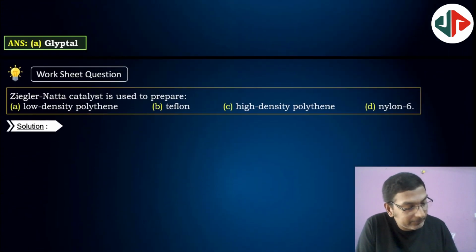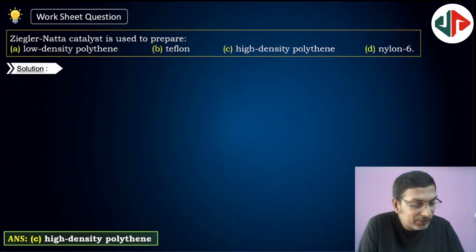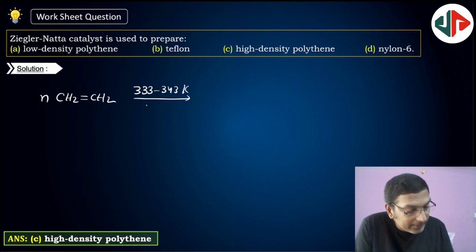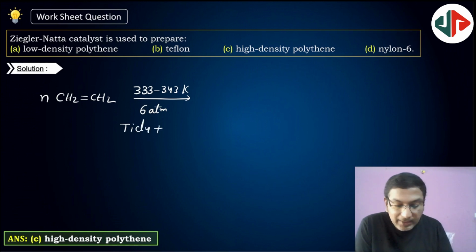Next. So Ziegler-Natta catalyst is used to prepare high density polyethylene. So direct question only. So CH2=CH2, take n times, at 333 to 343 kelvins and 6 atmospheres pressure, TiCl4 titanium tetrachloride and triethyl aluminum.